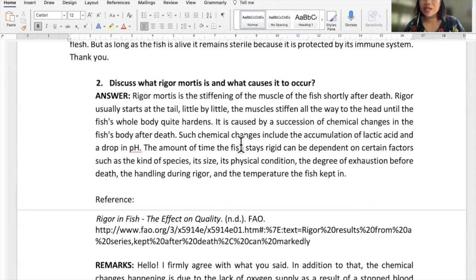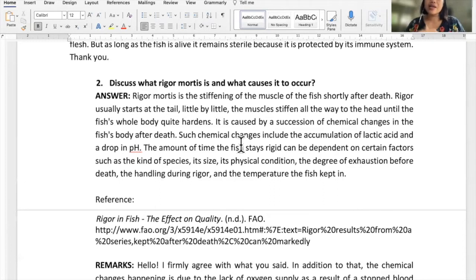In that process, fewer molecules of ATP is produced, and at the same time, one of the byproducts of anaerobic glycolysis is lactic acid.